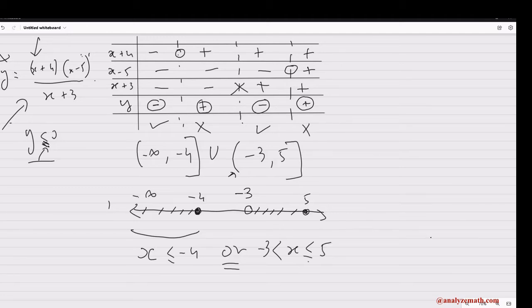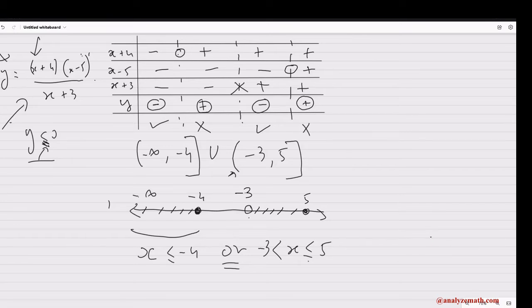Equal, closed, open, no equal, closed, equal. So this is the solution in interval form, in graphical form using the number line, and the third form is using the symbols of inequalities.